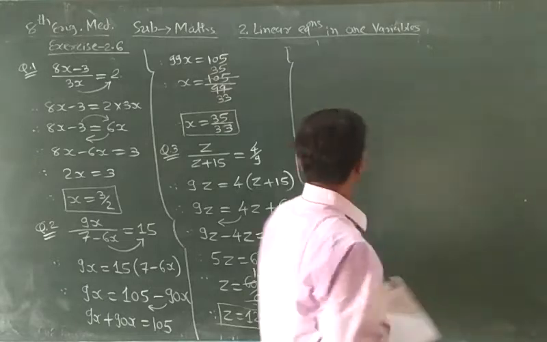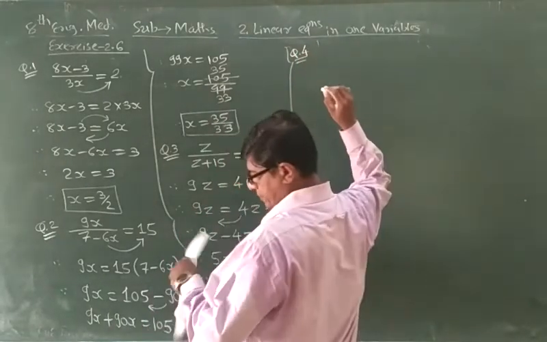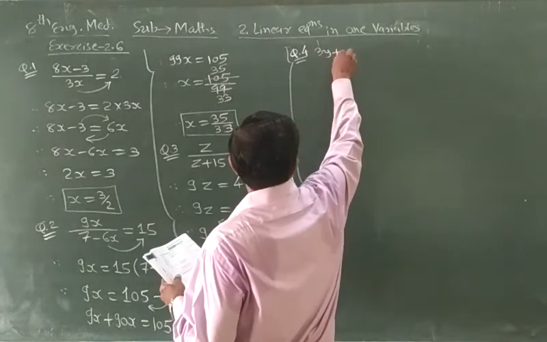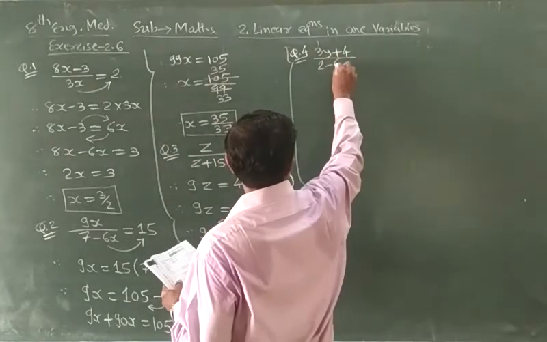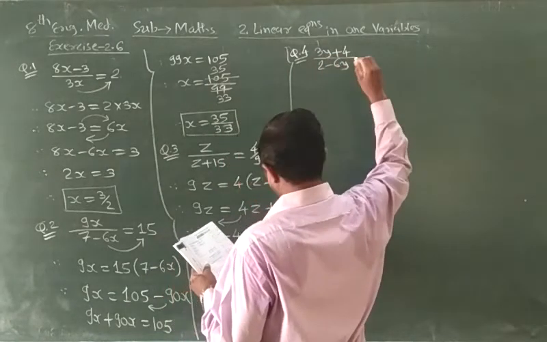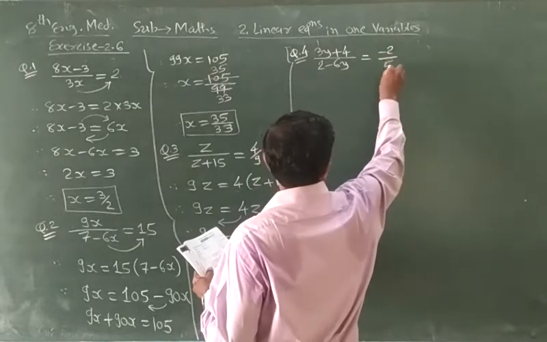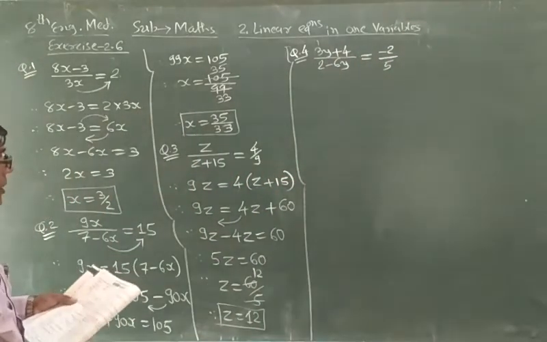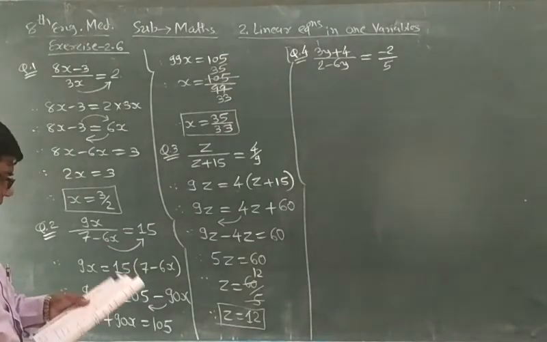Question, write down first. Question number 4. 3y plus 4 upon 2 minus 6y is equal to minus 2 by 5. This is the question. But properly check. If you make a mistake in the question, you won't get the answer. Okay.